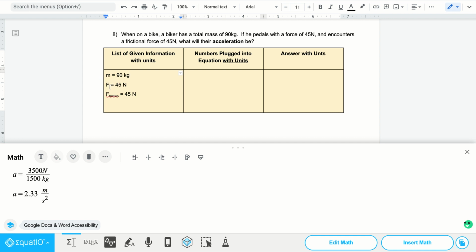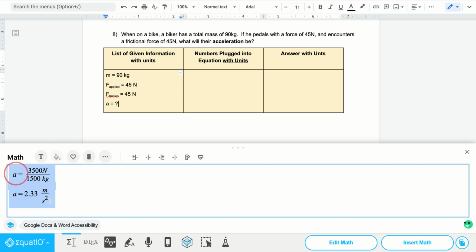This would be the force applied. The biker applies 45 newtons. There's a frictional force of 45 newtons. We need to figure out what the acceleration is.